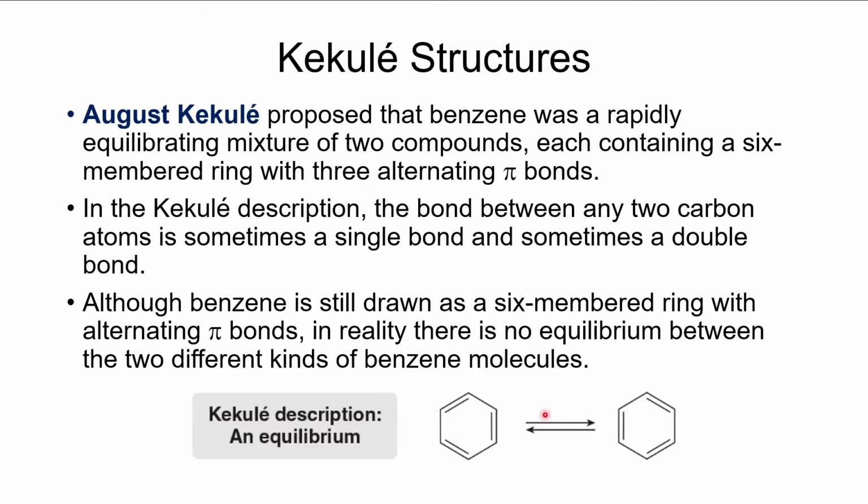But there's not an equilibrium. As with all resonance structures that we draw, it's not that it's going back and forth between the 2. In reality, it's a combination of the 2. So we don't have 2 different kinds of benzene molecules. We have one benzene molecule that's best represented by these 2 structures.